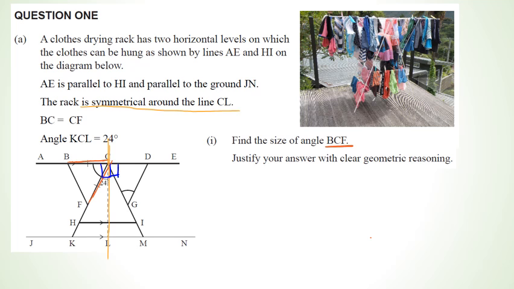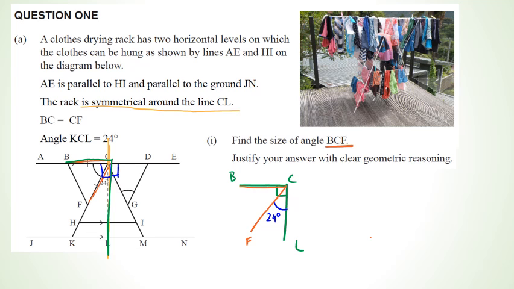And because of that, angle BCL is actually going to equal 90 degrees. I'll show you where BCL is. So BCL is this part here, and BCL is 90 degrees. Now we're trying to figure out what BCF is. So that's this part here, BCF. And we know that this angle here is 24 degrees.